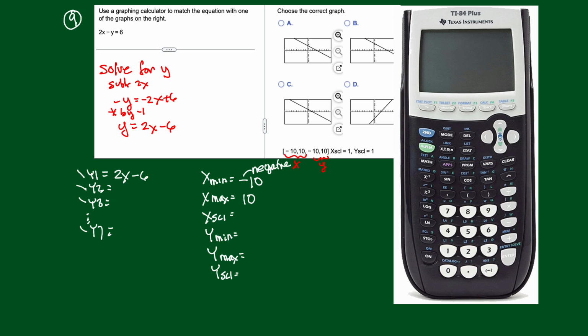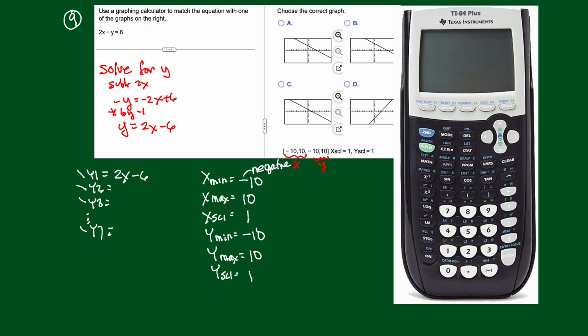Now the x scale is probably set at 1 already. The y minimum we're going to use, that's going to be negative 10 also. So put that negative 10 in, and just be careful again. That negative is that key right there. If you were to try this, it would look okay, but then when you try to do something, you get an error message. So negative 10, then positive 10, and then a 1. Now, when you've got all that in, at the top right of the calculator, that key right there says graph.